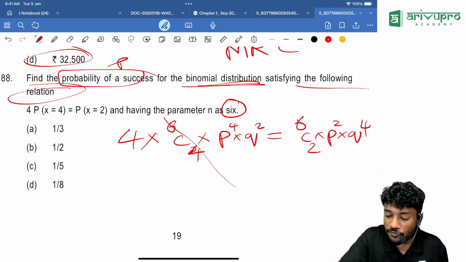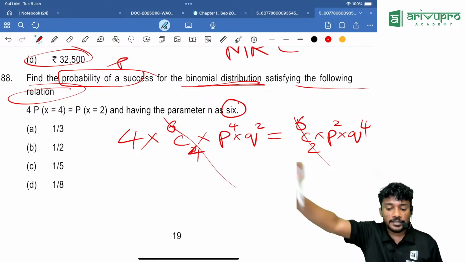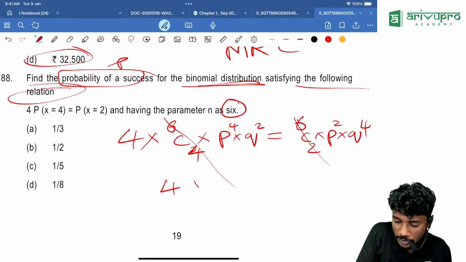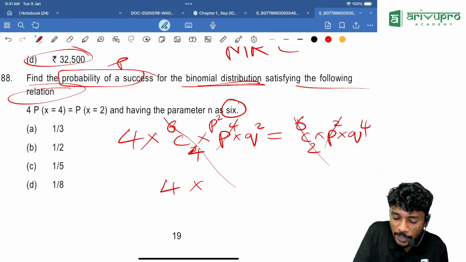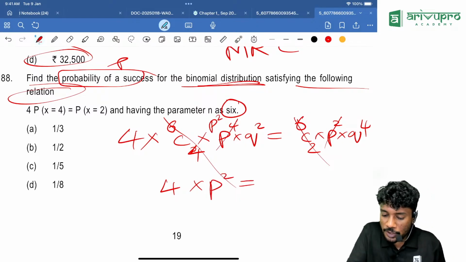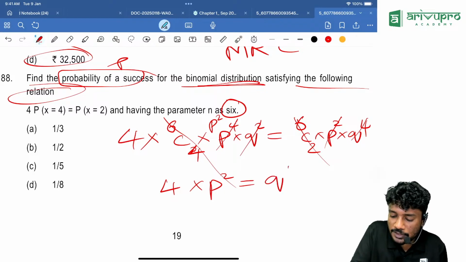That means 6C4 and 6C2 will get cancelled off. That means 4 into p raised to 4 and p square will get cancelled. What will remain? p square, which is equal to q square, and q raised to 4 is q square.